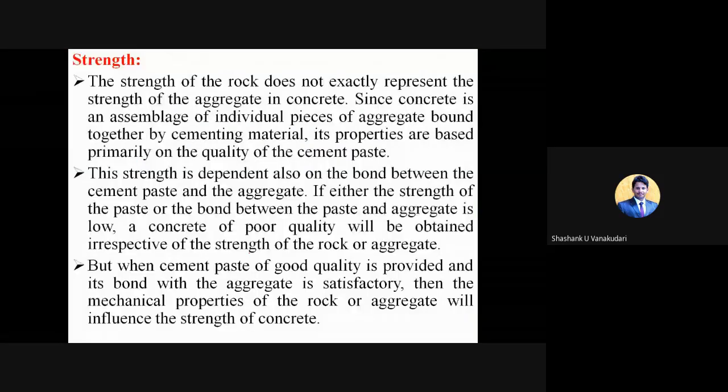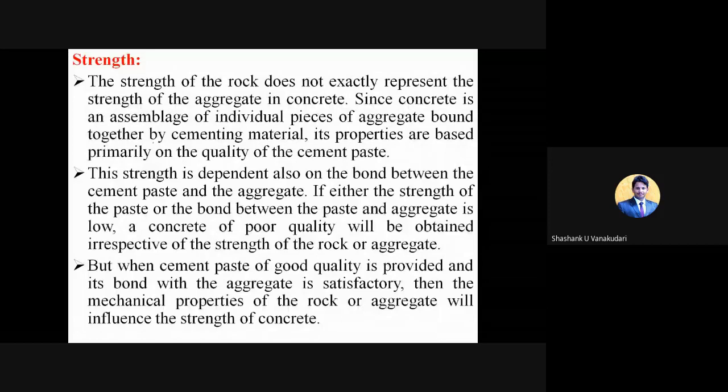And then with respect to strength, the strength of the rock does not exactly represent the strength of the aggregate in the concrete. It's not that if the strength of the aggregate is good, the concrete strength will be higher. In some cases, the proportions of the other ingredients are also required.